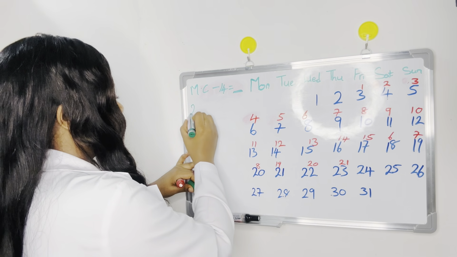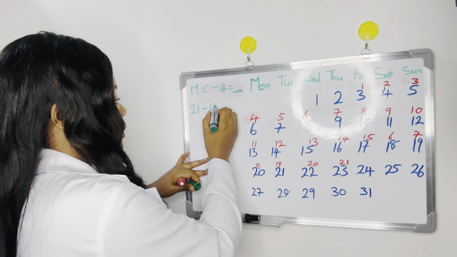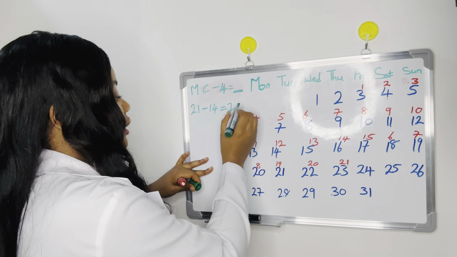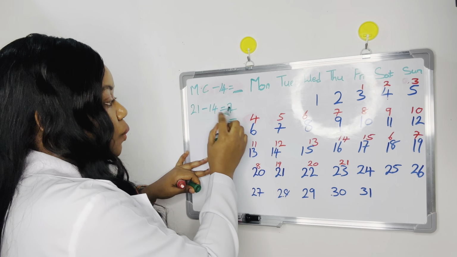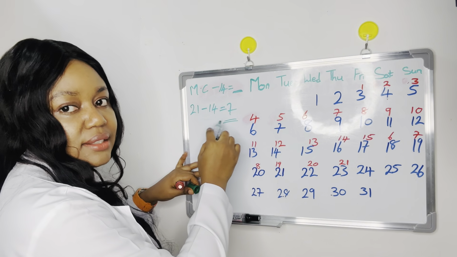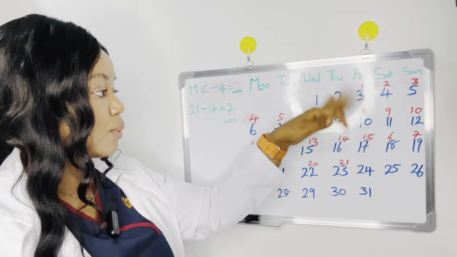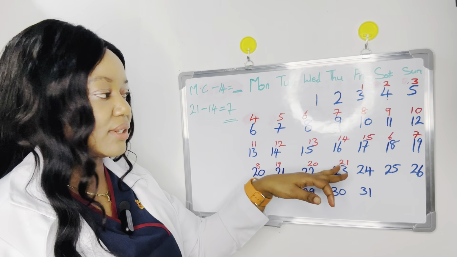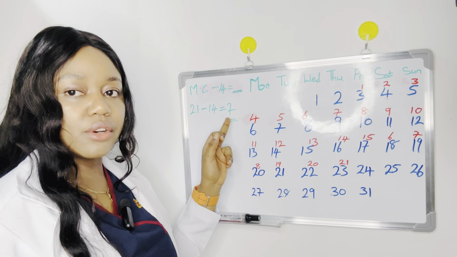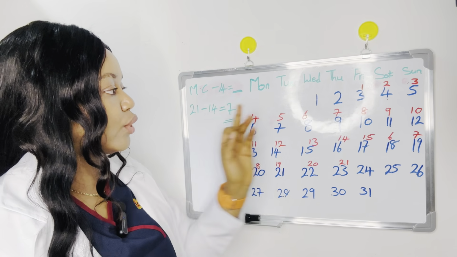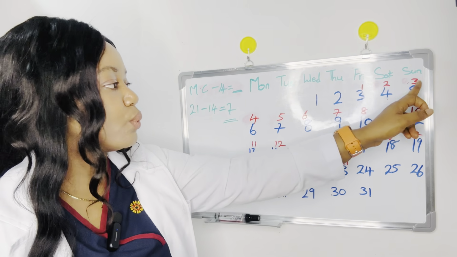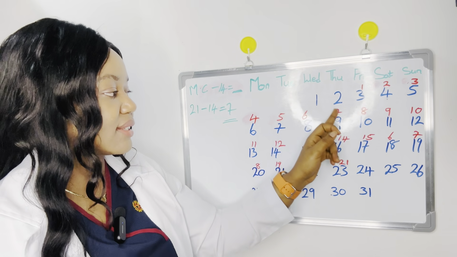So we will take 21 minus 14, which gives us 7. So our predicted day for ovulation for someone having a 21 days menstrual cycle is on day 7 of the menstrual cycle. So if we check here, this is day 1, day 2, day 3, day 4, day 5, day 6, day 7.